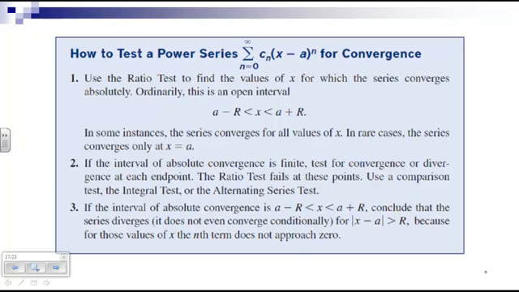A lot of big smiles on our face. Or if we're really lucky, it'll be convergent only at the center for that particular power series. And we'll be done. But there's also the possibility that it has a finite radius of convergence. There's an interval, a non-zero width interval in which it is convergent.